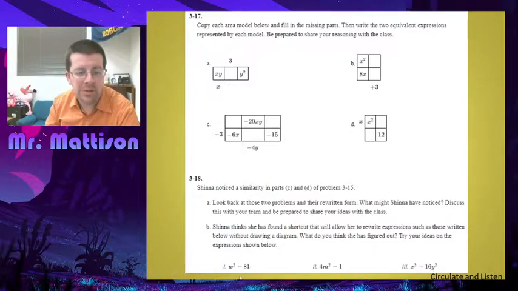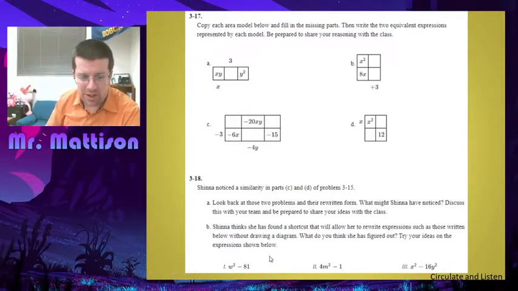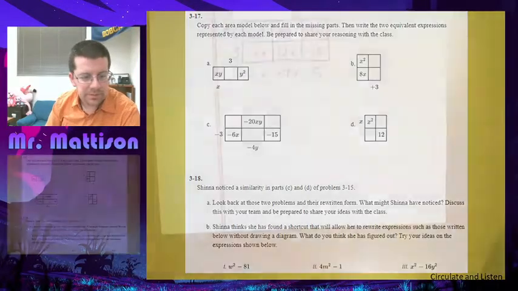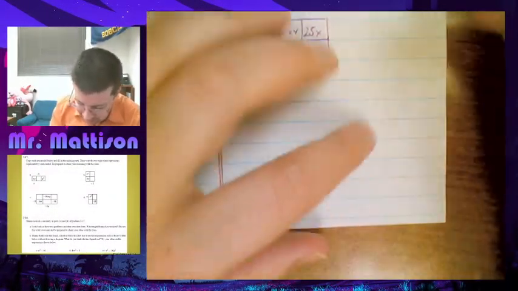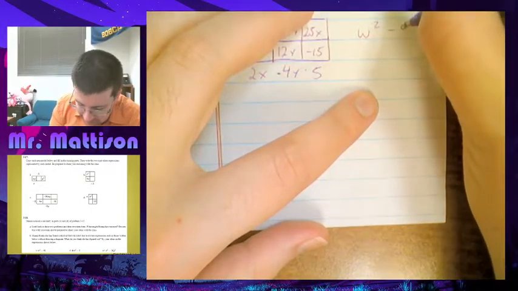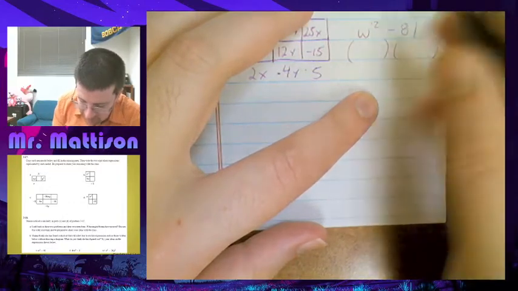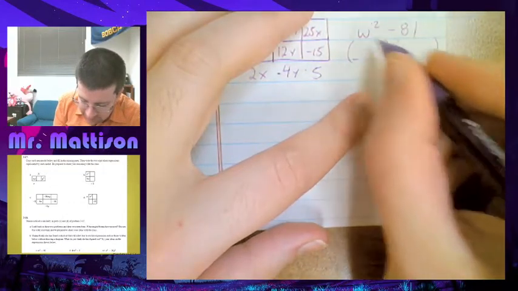We're going to do this first one together, and then I'll have you try those other two using that shortcut. So the first one we have is w squared minus 81. If I follow my pattern, this first number is just the square root of this.